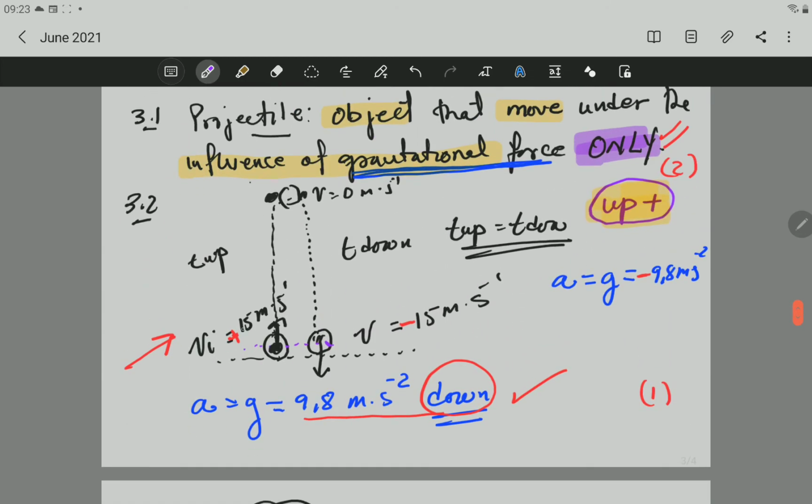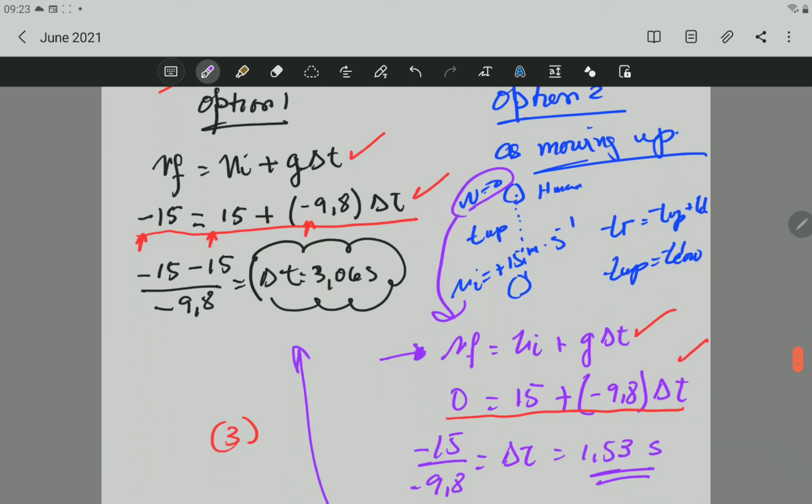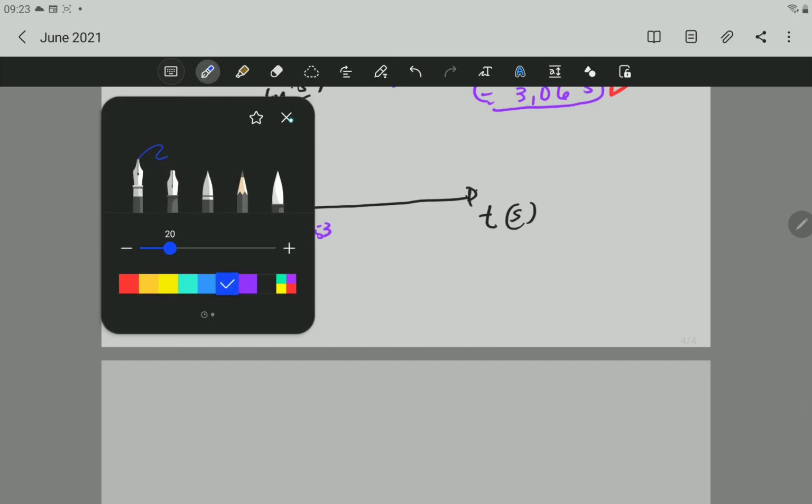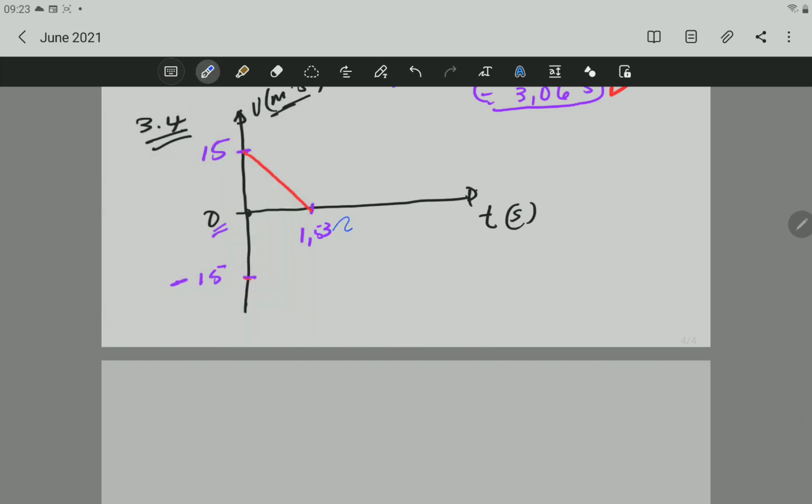Initial is positive 15, final is negative 15, right? How long does it take for that ball to reach negative 15? 1,53 times 2 is double, which is equal to 3,06. That is the final time.